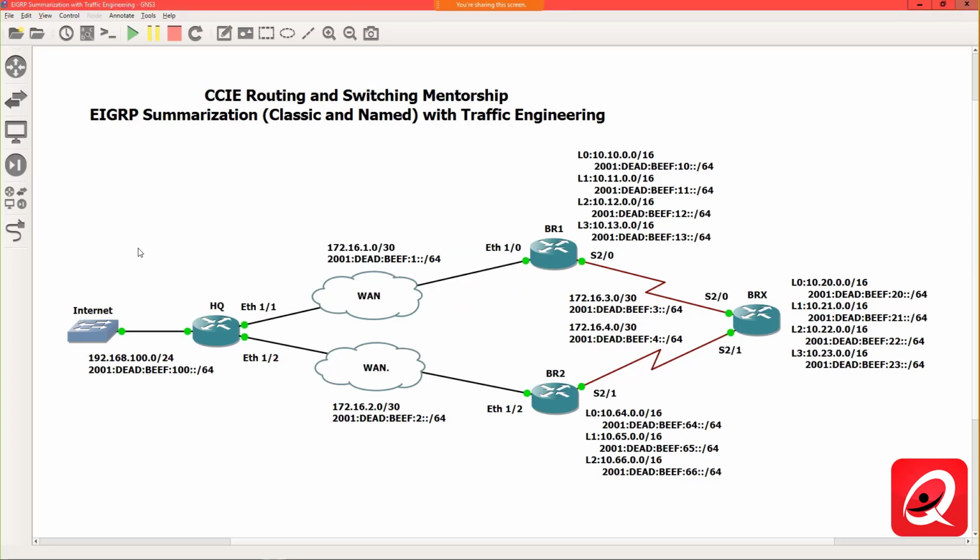And we're going to start by really just talking about what is summarization, what do we gain from summarization, and what are some of the considerations that we need to take into account with regard to EIGRP. It's a completely different process with EIGRP than it is with, say, BGP or OSPF or even ISIS. So we're going to take a look at that today.